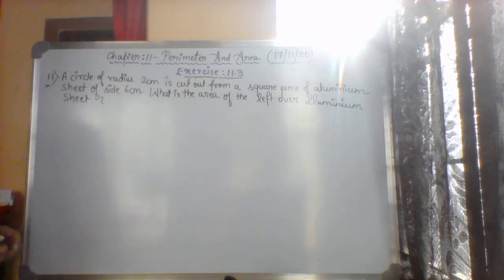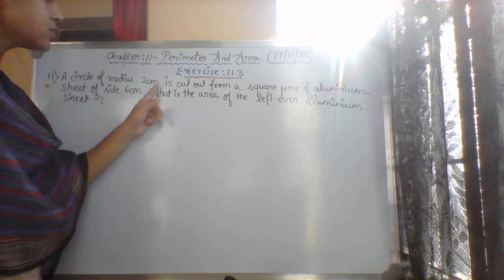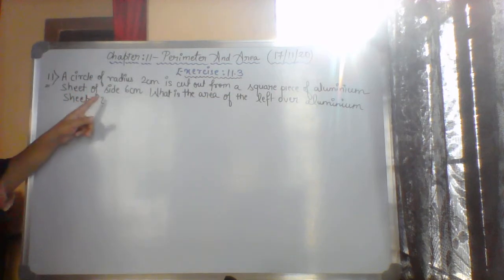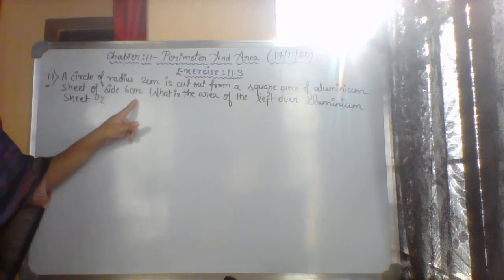So now question number 11. Here in the question, a circle of radius 2 cm is cut out from a square piece of aluminium sheet of side 6 cm.